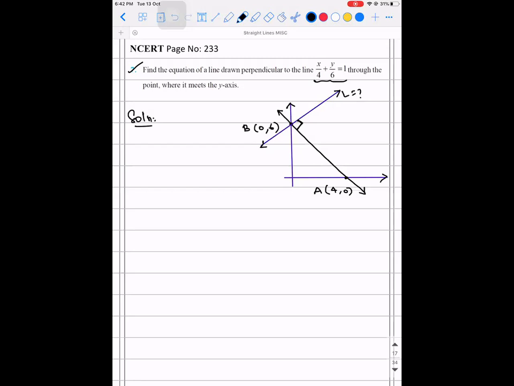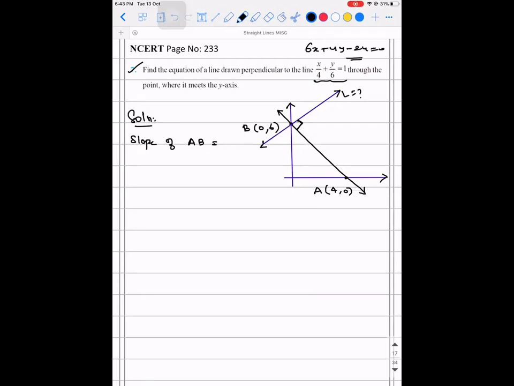So we can get the equation of the line given to us, as well as the point of intersection. Then we can find the other line's equation. Yes. The line is given, no? The line is AB. So what is the slope of AB? If you rearrange and write it, it will be 6x plus 4y minus 24 is equal to 0.